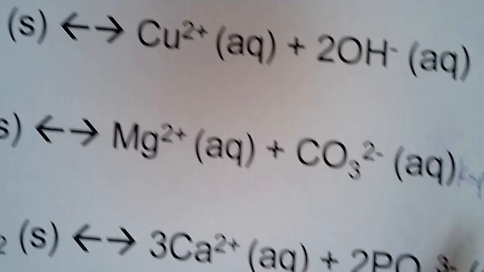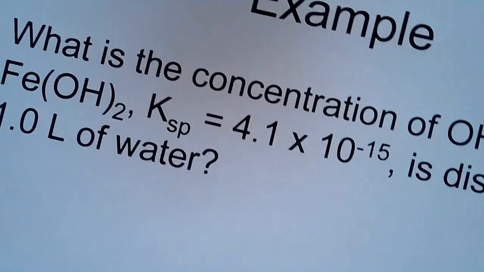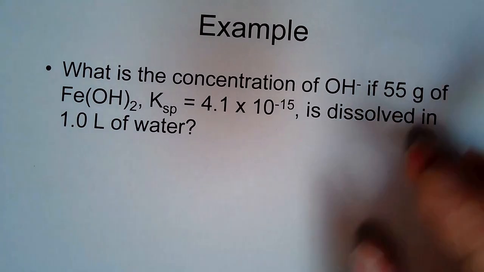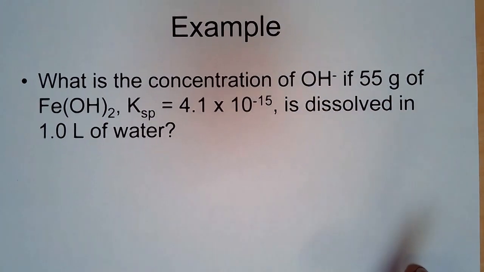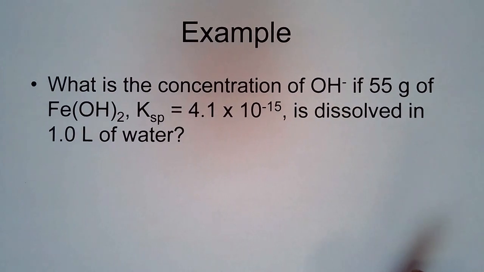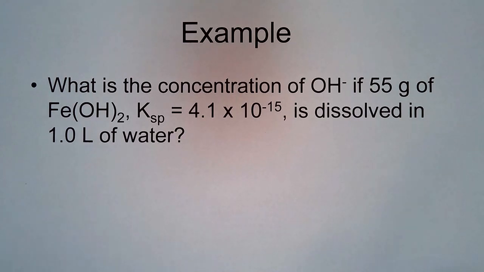So when we're trying to find the concentration of some component of our solution, this makes it very easy because our KSP is expressing concentrations of our products just multiplied together, raised to exponents.